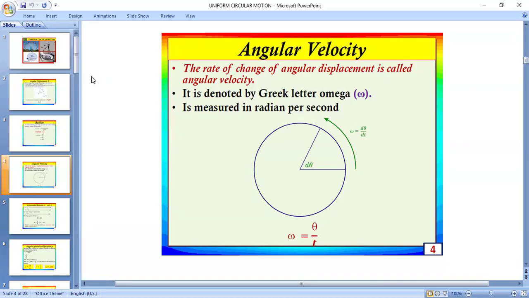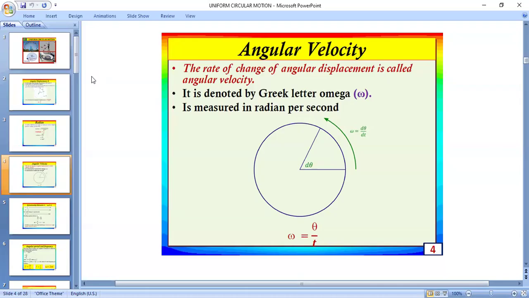Now, the first one, part A, angular velocity. This is the rate of change of angular displacement. You should know the definition first. So we have just said that angular displacement theta equals s over r.